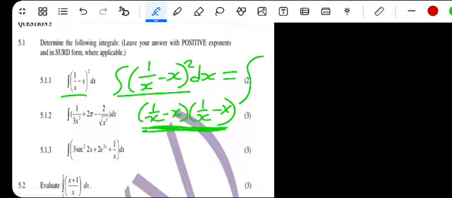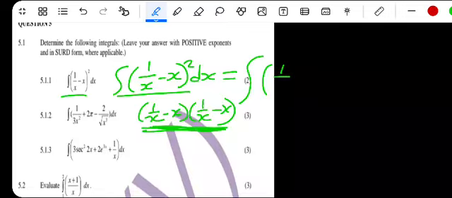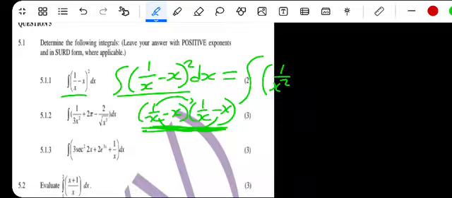You understand? So this will be the same as 1 over x squared. You multiply by that.